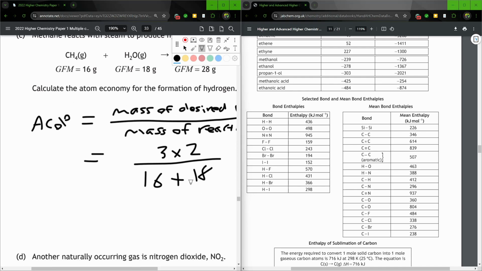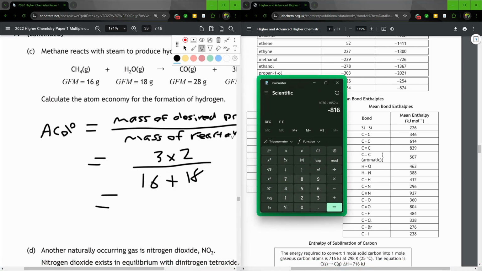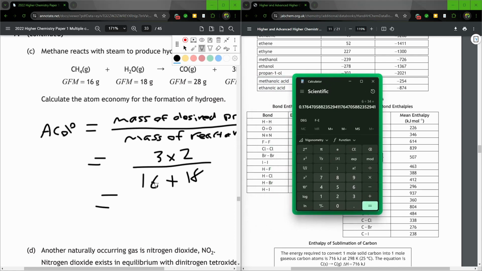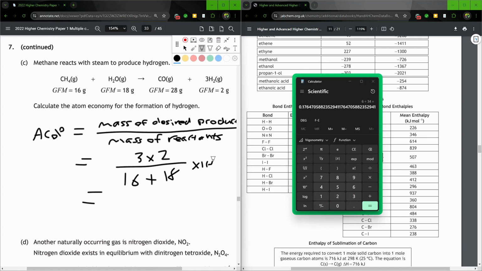So 16 plus 18. So that's 6 over 34, which is 0.16, yada yada, and then times by 100. So we're going to go and multiply that, move the decimal point. So we'll be going up to 17.6%.